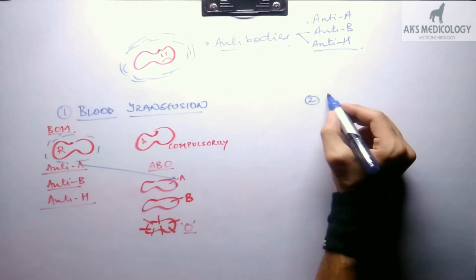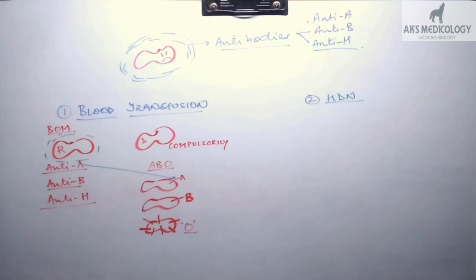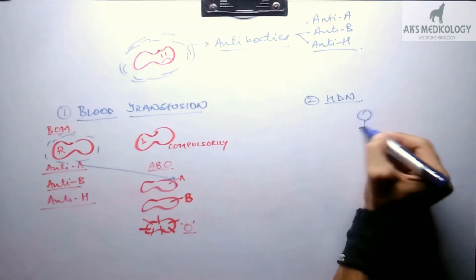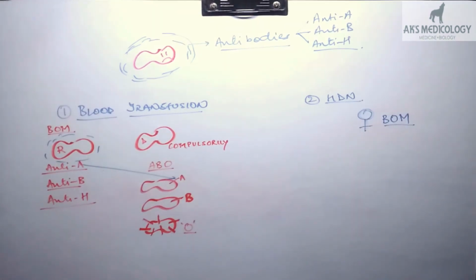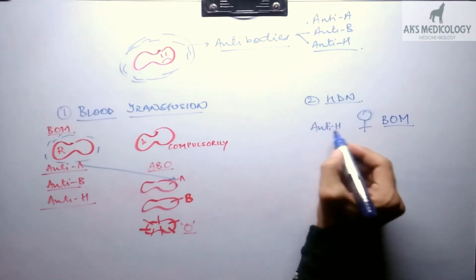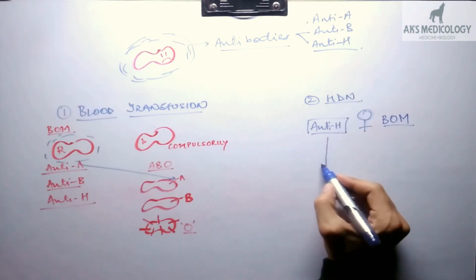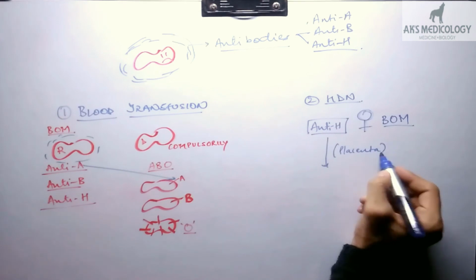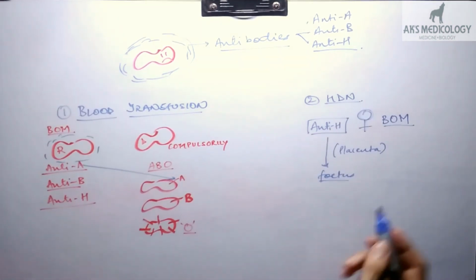The second complication is hemolytic disease of newborn. This condition occurs when a mother, who is Bombay blood group positive, would obviously possess anti-H antibodies in her serum. These anti-H antibodies via the placenta would be transferred to the fetus.